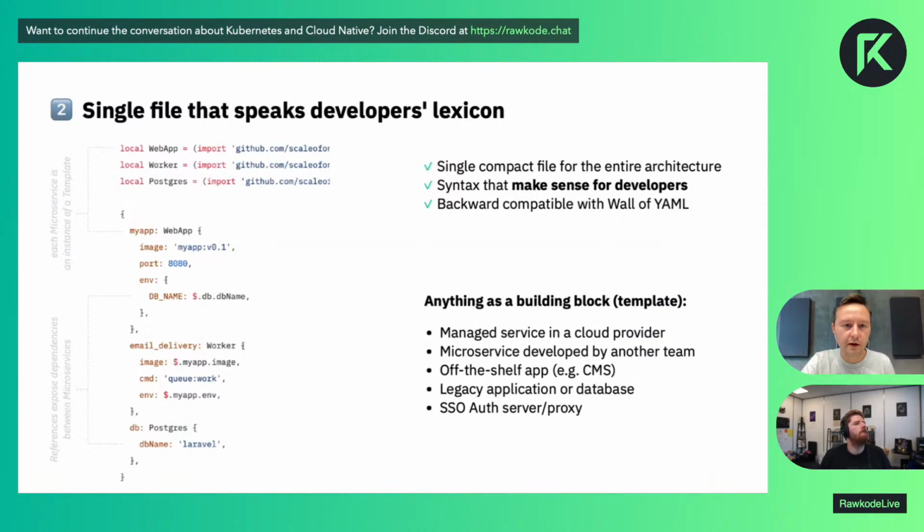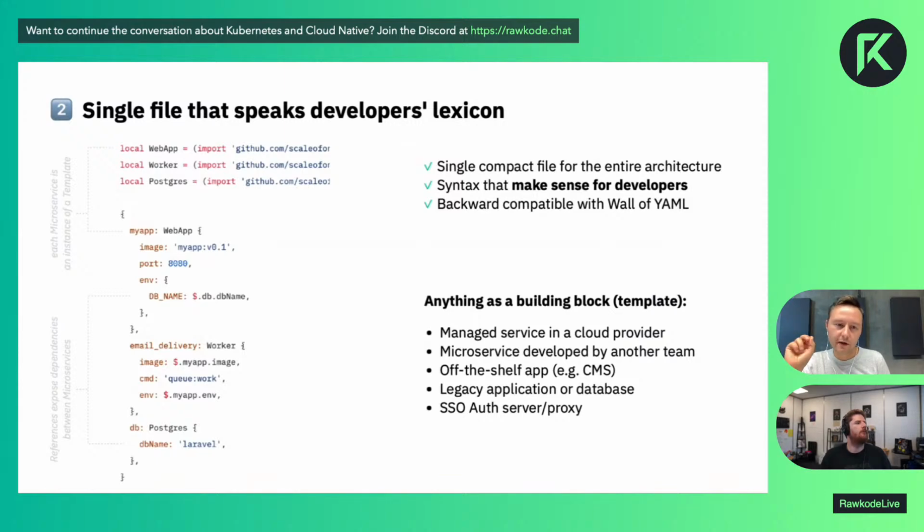So, for example, here you have a web application, a background worker for email delivery, and a Postgres database. For example, a worker, it's obvious that it has to work from the very same image, so it references the very same image from my app component, and it shares all the environment configuration.